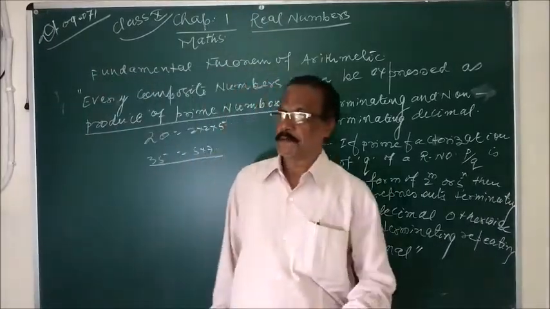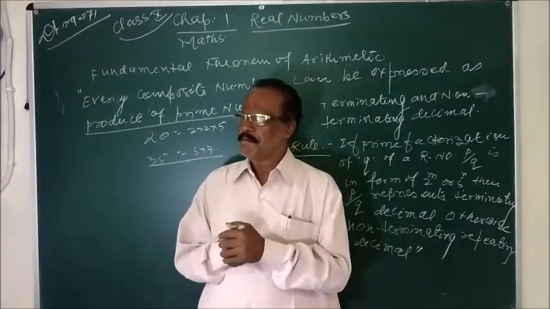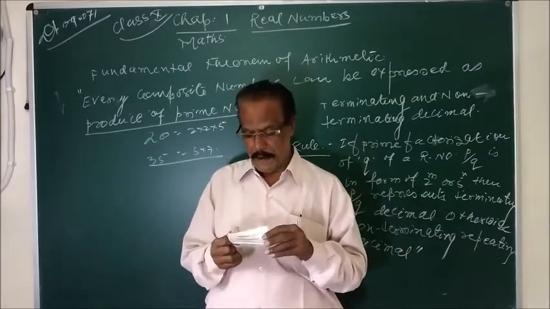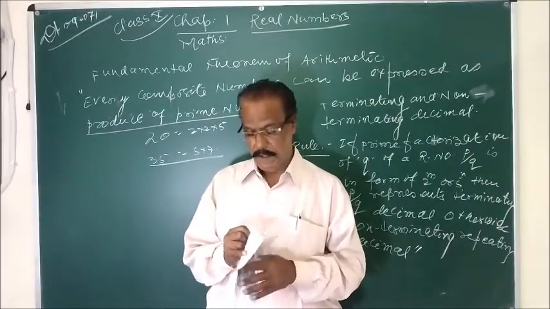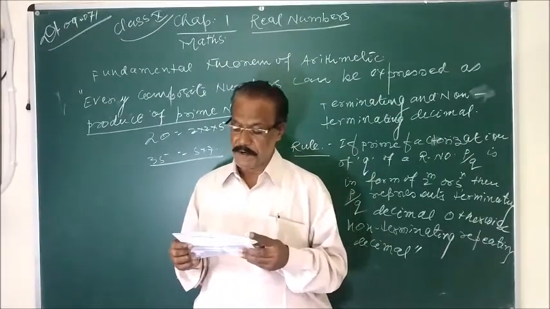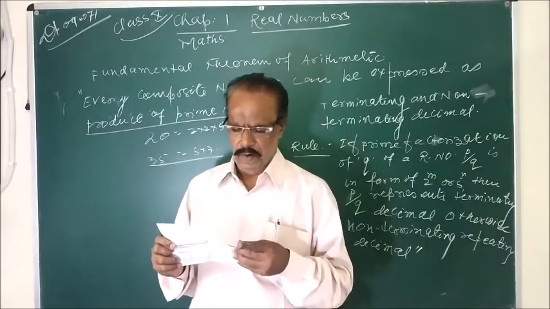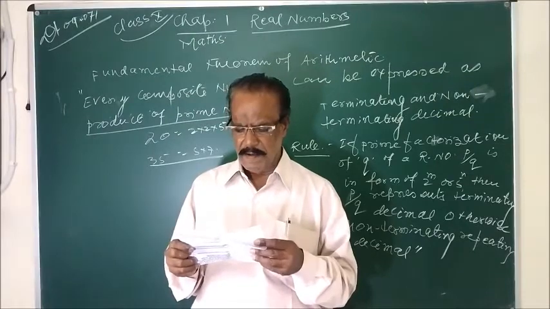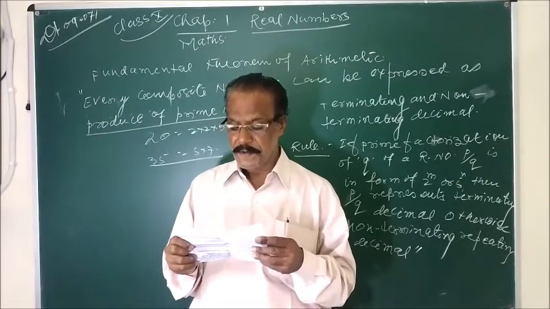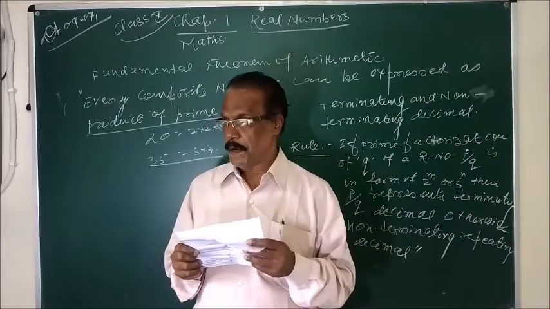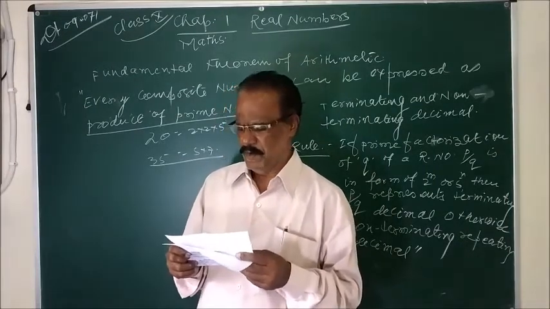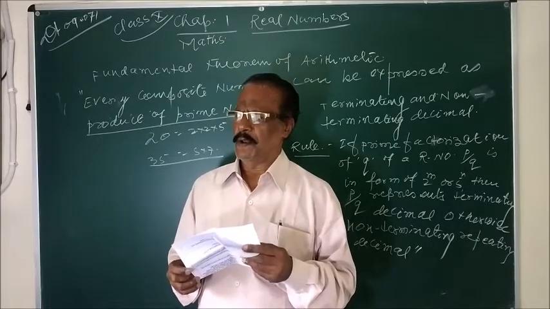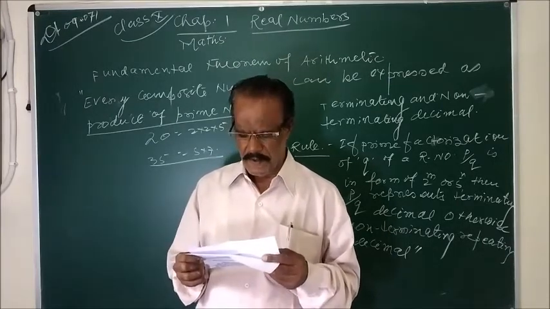Before starting this chapter 1, I would like to remind you, according to the guidelines of CBSE, some topics have been removed. So, Unit 1, chapter Real Numbers, Euclid's division lemma has been removed from the syllabus. So you will leave that topic.